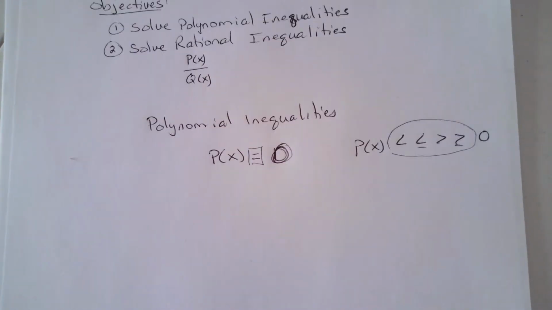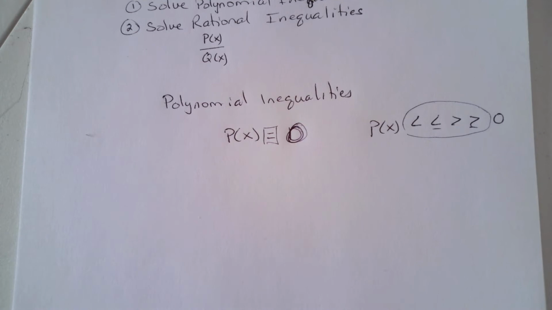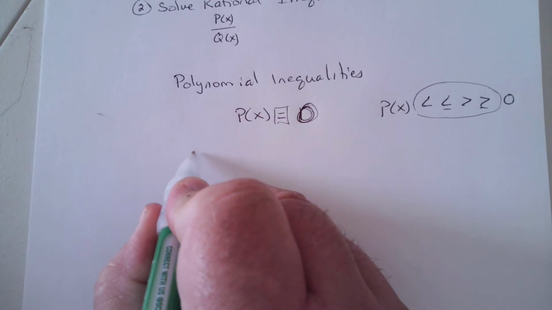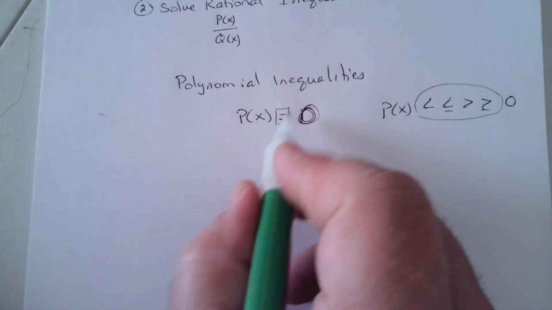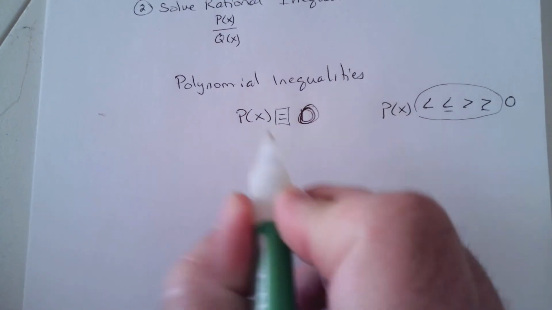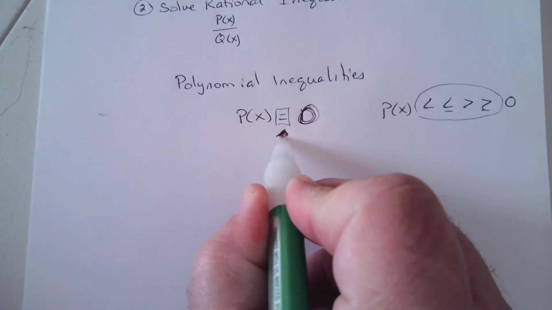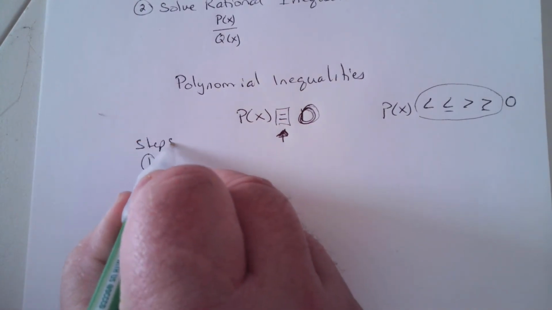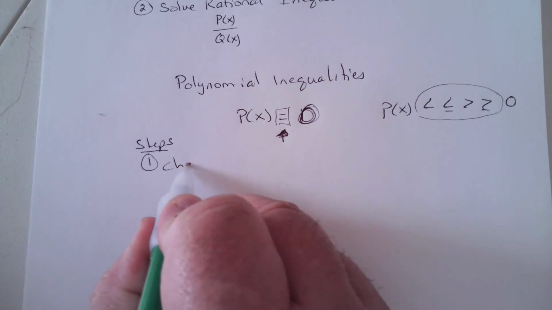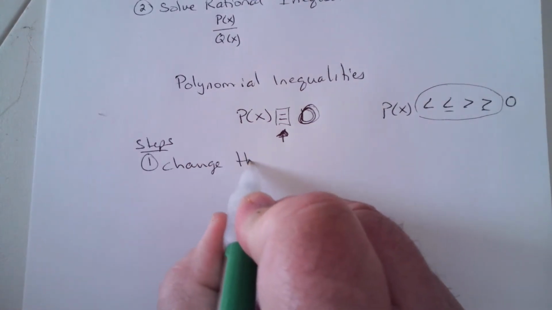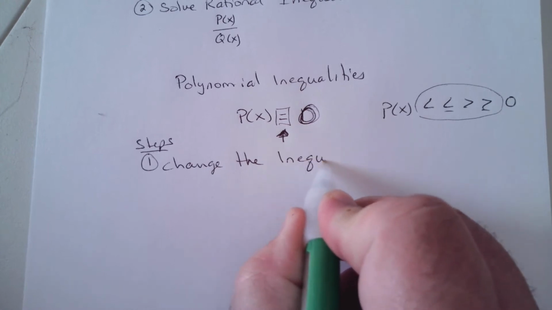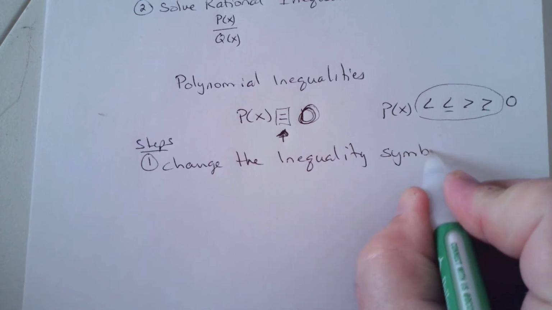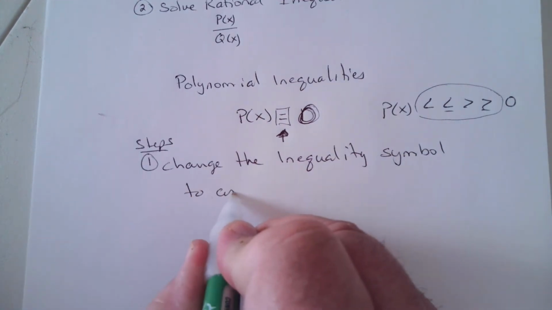The way you solve these, remember earlier in Chapter 2 or Chapter 1, when we first talked about inequalities, whenever I give you an equation, the first thing you have to do is change the inequality symbol to an equal sign.